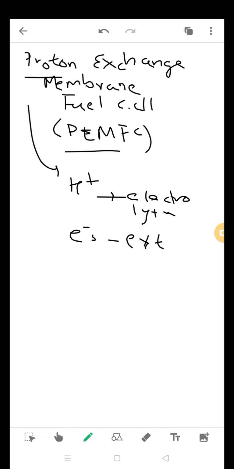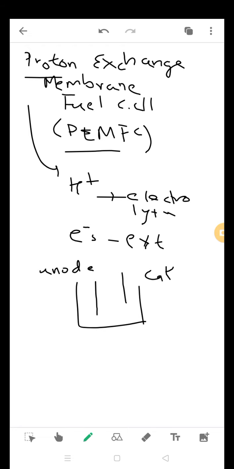Now, coming to its electrochemical part, as we know, there are two electrodes. One is your anode and another one is your cathode.